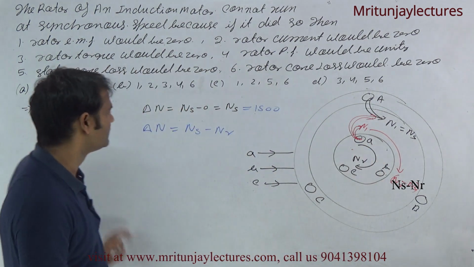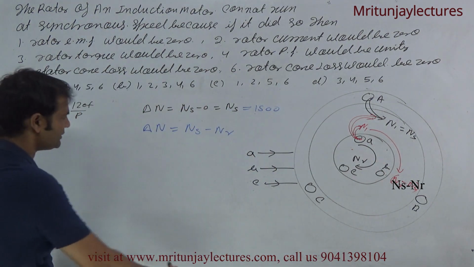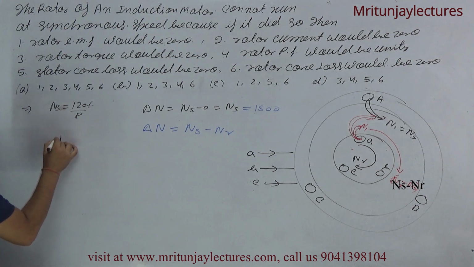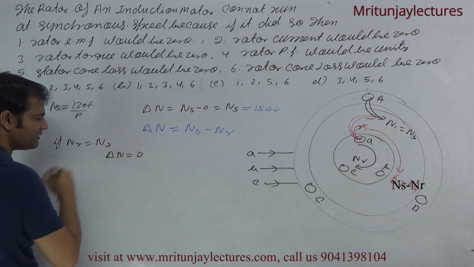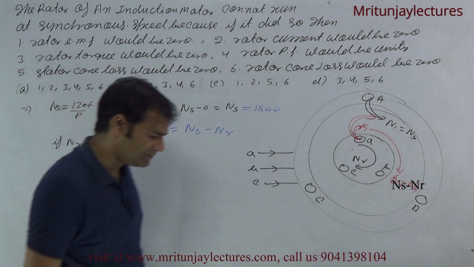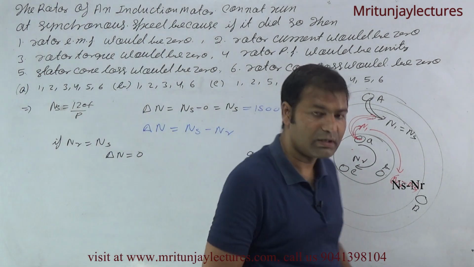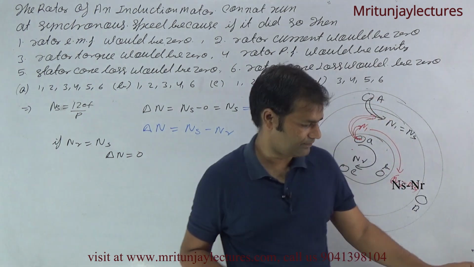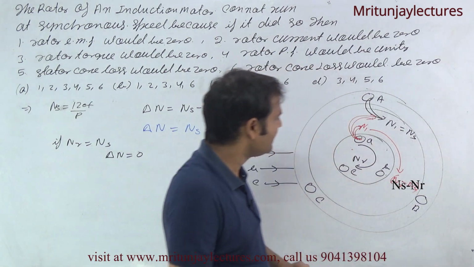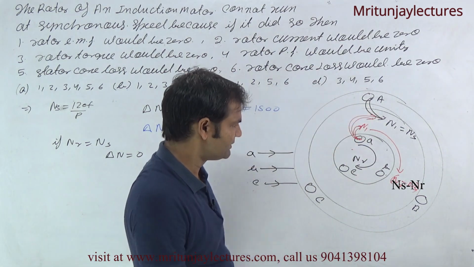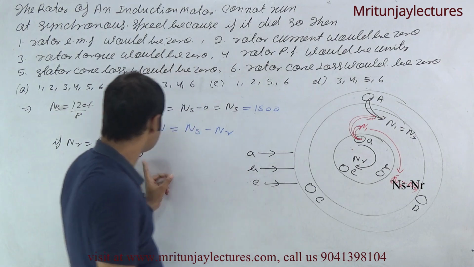Clear? Now corresponding to the question, if NR is equal to NS, then what about the relative speed? It is 0. Relative speed between stator winding and rotor conductor, between rotor winding and stator field, is 0.